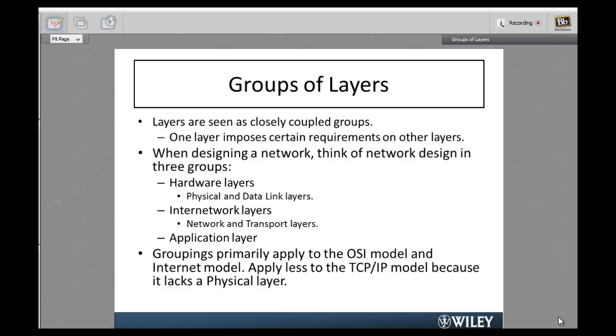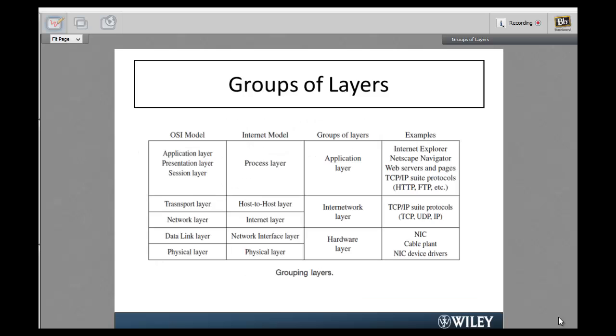So these can be the many types of layers according to grouping them. And here we can see the differences between all of these.